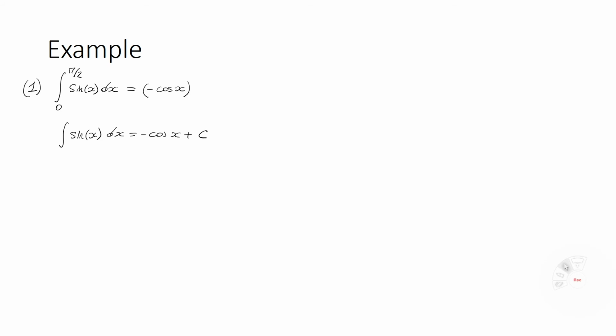Here we set c equal to 0. We know we can choose any value of c, so 0 is a good one. And then we evaluate at pi over 2 and at 0. And then this works out to negative cosine pi over 2 plus cosine 0, so it's minus minus, which gives us a plus. And this is of course 0 plus 1, so 1 for the integral.